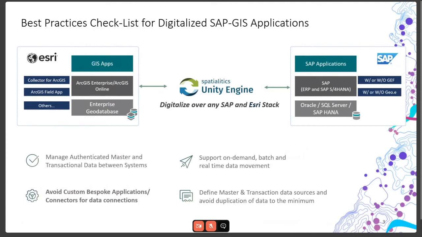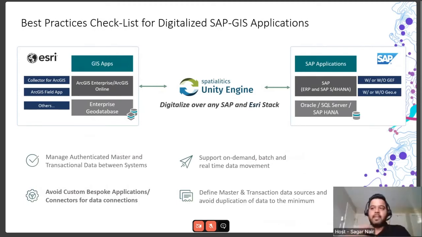And so basically, Unity Engine also supports configurations with SAP Geo Framework as a solution that complements Geo Framework. So for certain use cases, SAP Geo Framework plus Spatialytics Unity Engine work in conjunction to bring that business workflow to light.